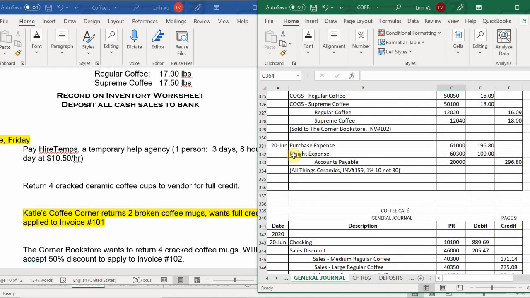On the 20th, regular coffee, supreme coffee, and Coffee Max 5. No, that's the coffee. This is the invoice for all things. Here, the invoice that we received, 196. Okay, delivery charge. I got it. That's the reason I made a mistake. I got it. Okay.